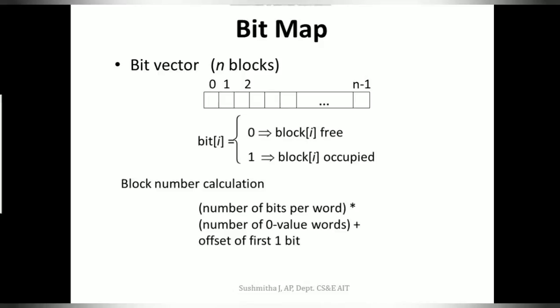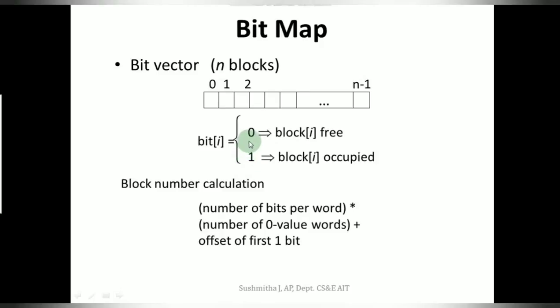The first one is the bit map, or we also call it a bit vector. Here it is a series or a collection of bits which correspond to the disk blocks. So every bit represents a disk block in the disk, and we use the bit values to represent whether it is free or occupied.